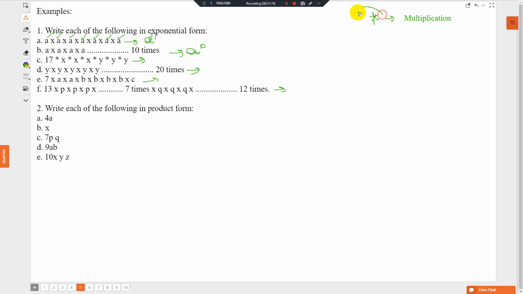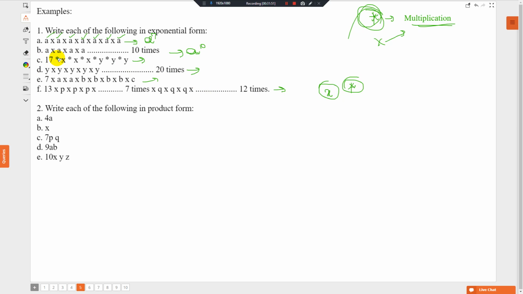See, this star represents multiplication. There are two symbols. Why we use the star symbol? Because in the keyboard we don't have the symbol of multiplication. Either we should use small x or this star.